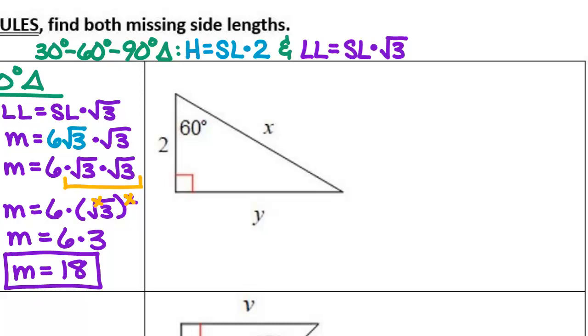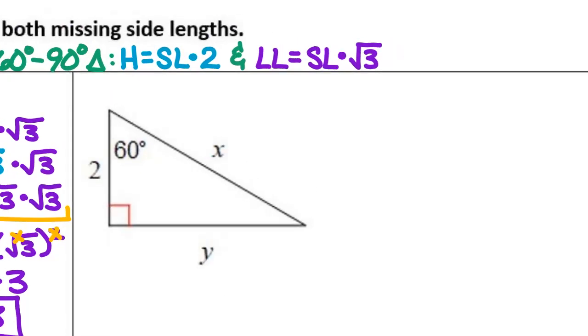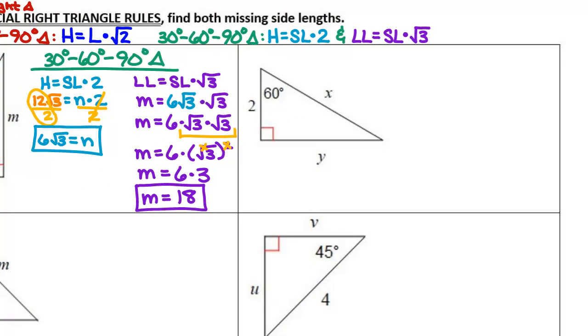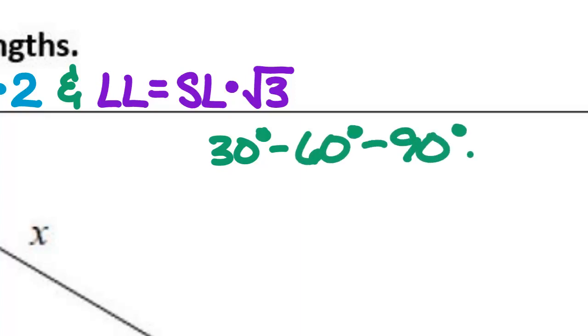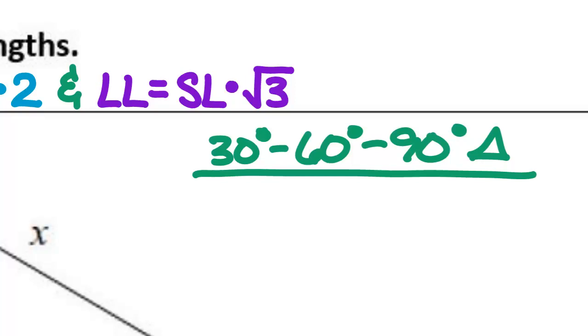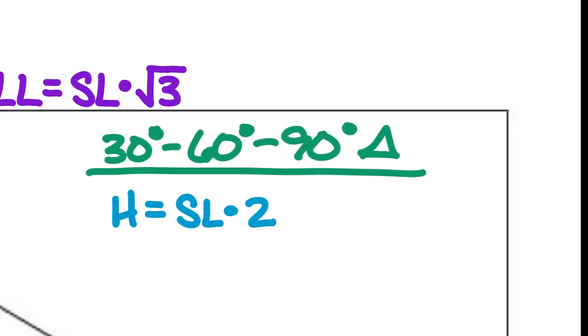What kind of triangle do we have in the upper right? Another 30, 60, 90 triangle. If you see a 90-degree angle and a 60, or a 90-degree angle and a 30, it has to be a 30, 60, 90 triangle. So the hypotenuse is equal to the short leg times 2.